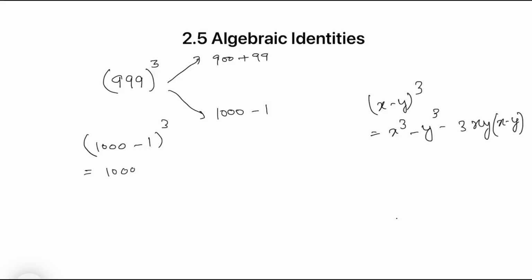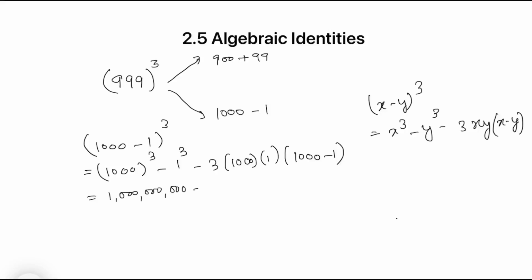So you get 1000 to the power of 3 minus 1 cube minus 3 of 1000 multiplied by 1, and again (1000 minus 1). So here you get 1000 cube minus 1 minus 3000 multiplied by 999.